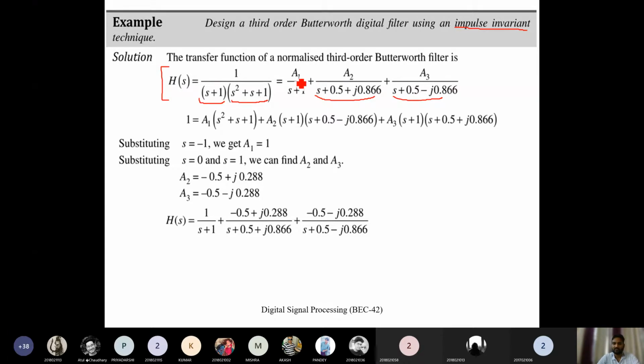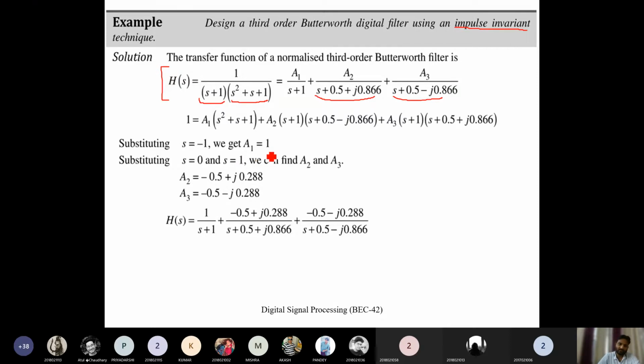Okay, so after doing that, we will be multiplying both sides by taking the LCM, and s plus 1 and s square plus s plus 1 will be cancelled out in the denominator side. This term will be multiplied here, and all the respective terms will be multiplied. So by multiplying and solving, we will get different values of a1, a2, and a3.